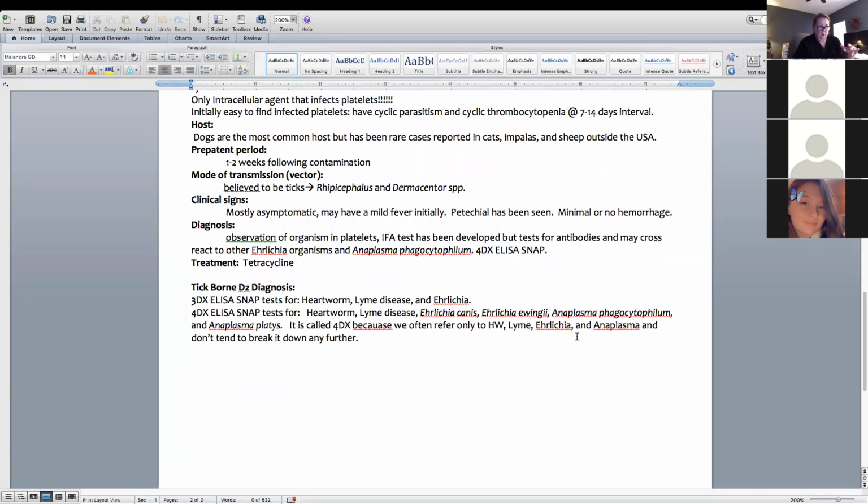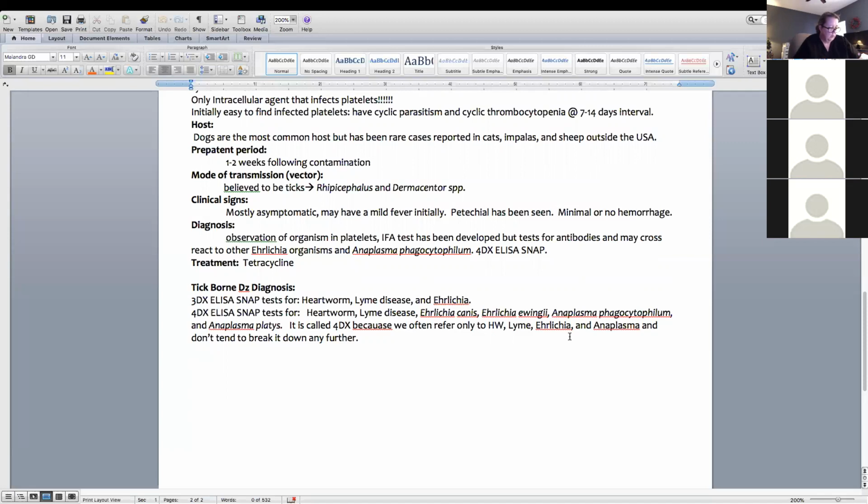So it'll do all four. So with the 3DX versus 4DX, obviously there's going to be a change in price, and it gives you an extra organism that you can test for. So they do have these extended SNAP tests.